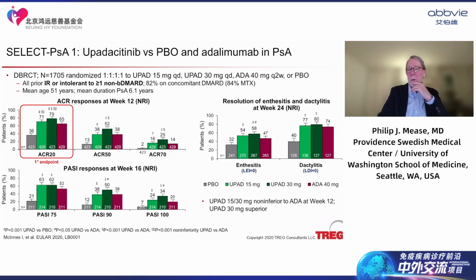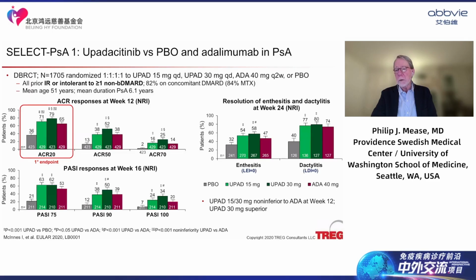Also, the drug was very effective in resolving enthesitis as measured by the Leeds Enthesitis Index, in which we measure tenderness at the lateral epicondyle near the elbow, the medial condyle of the femur, and the Achilles tendon insertion.